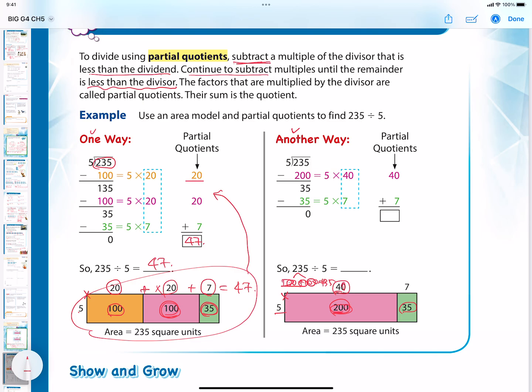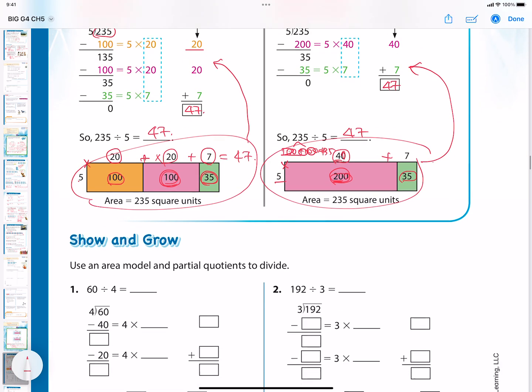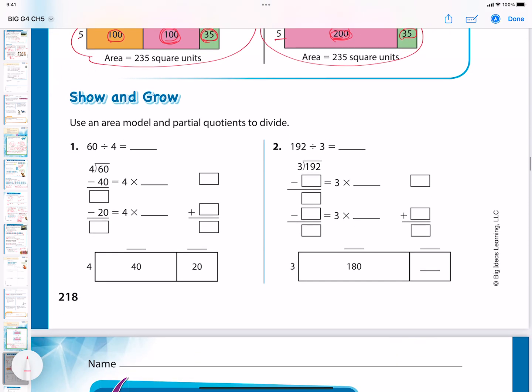And then 5 times 7 is 35. So our quotients are 40 plus 7, 47. And this area model is here, with only the numbers. Okay, 47.